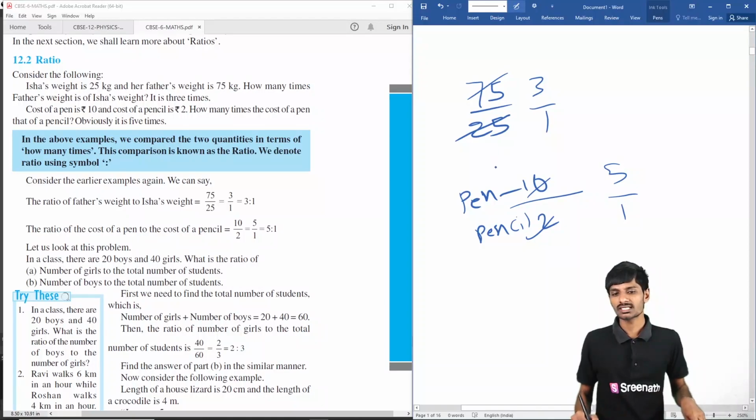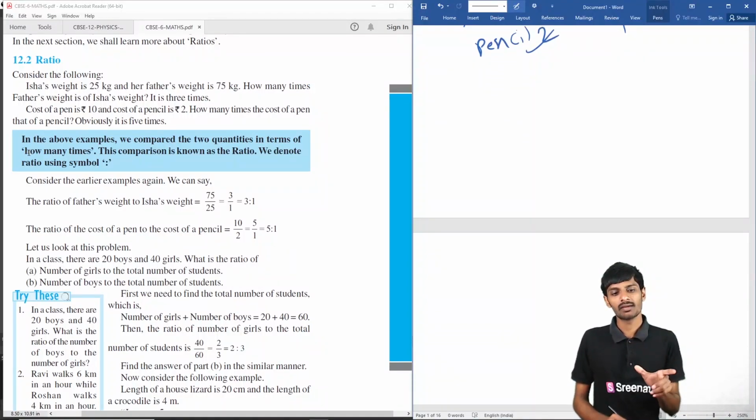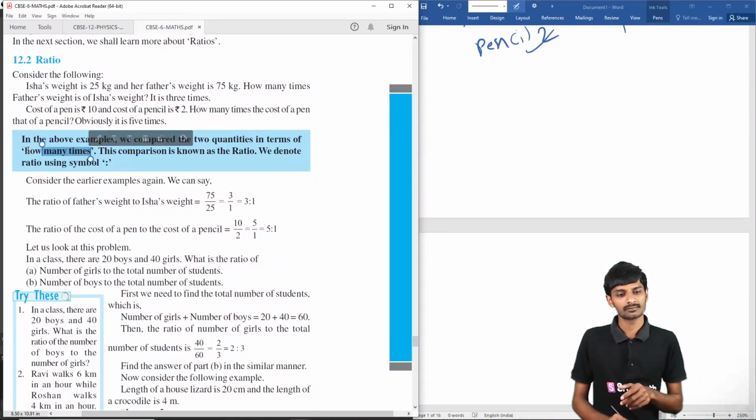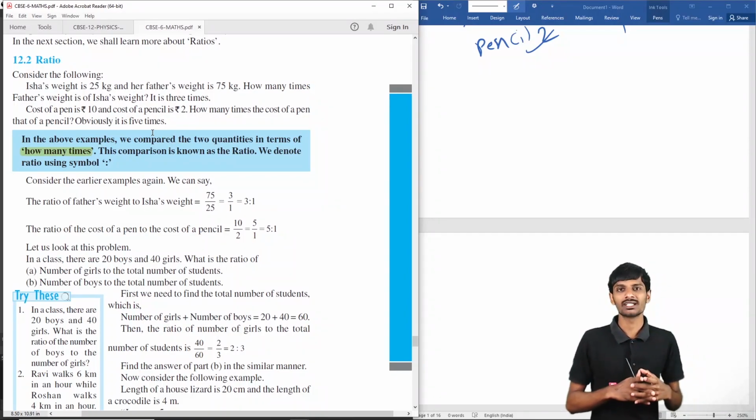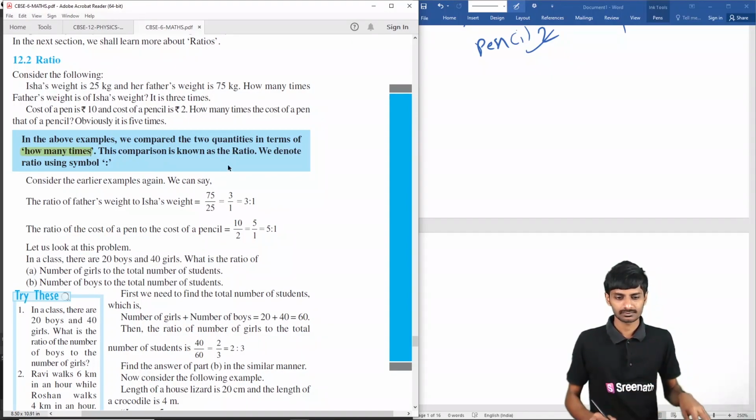So in all these cases you are getting how many times the cost of a pen is that of a pencil. Students, this comparison is called a ratio. How many times bigger, how many times costlier, like that.